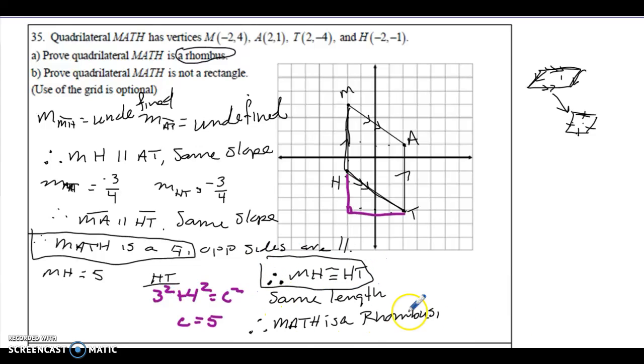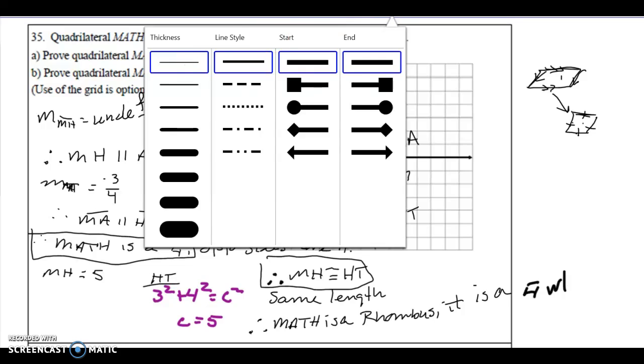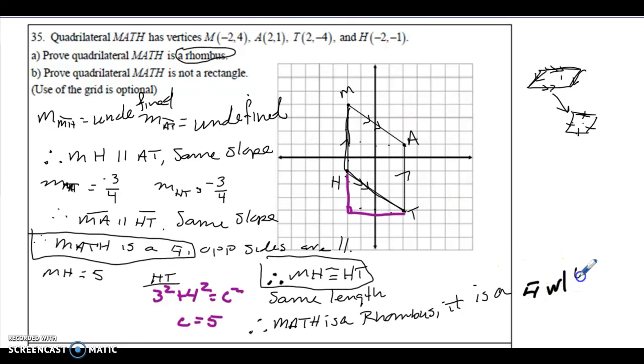So MATH is a rhombus because it is a parallelogram with consecutive sides congruent. Okay? We still have one more part, so this part is done.